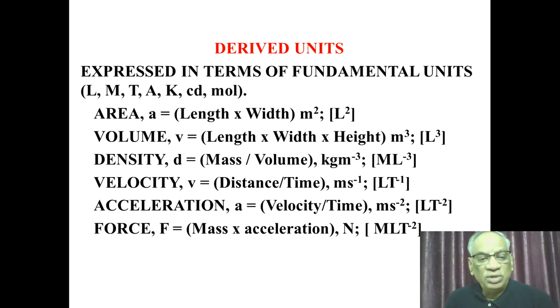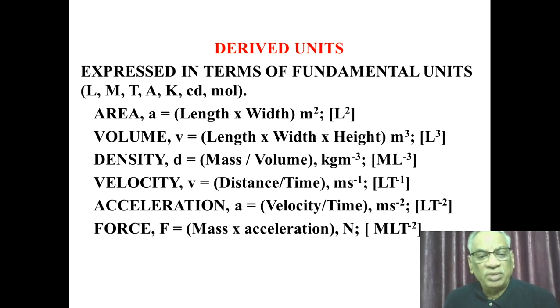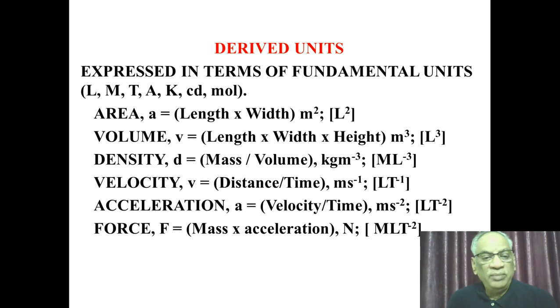Force. Force is given by mass into acceleration. Its unit in SI is newtons, otherwise it is kg meters per second square. So kg means mass is there, so M to the power of 1, and meters per second square, so LT minus 2 for the acceleration. So MLT minus 2 is the dimension for the force. Pressure.